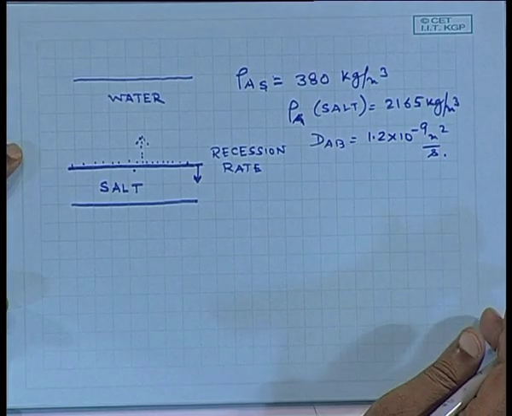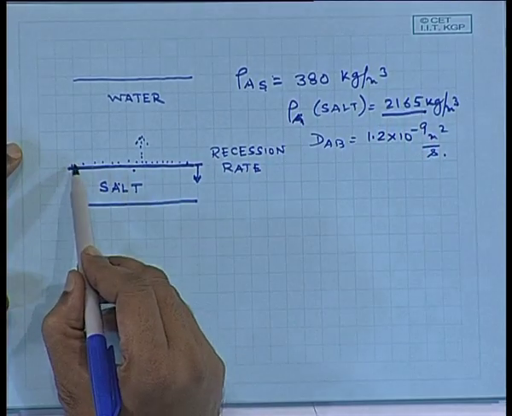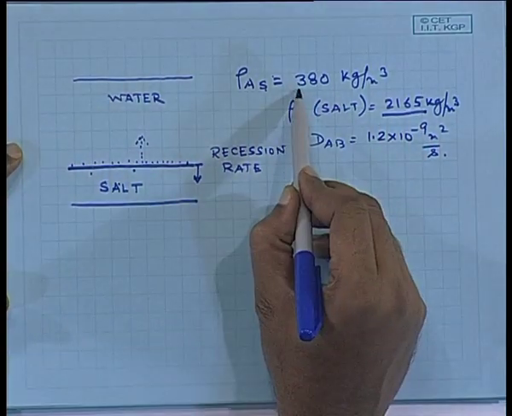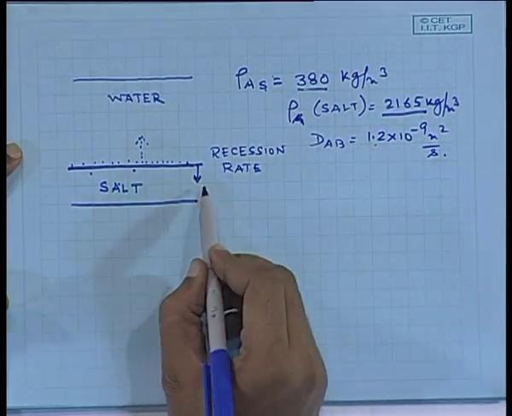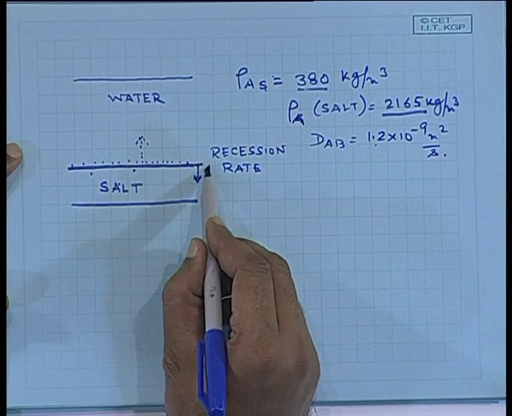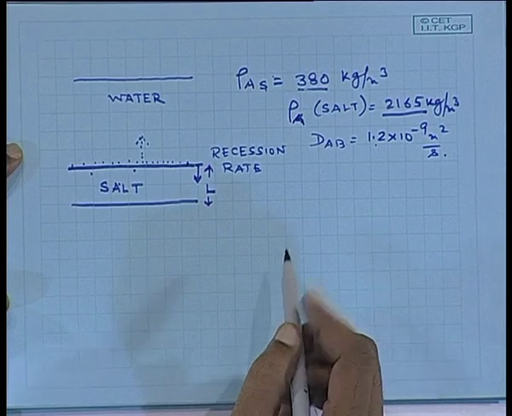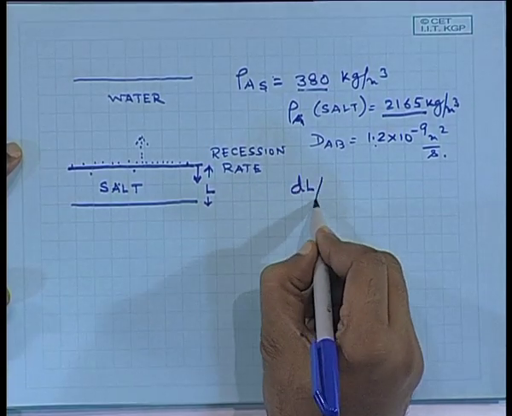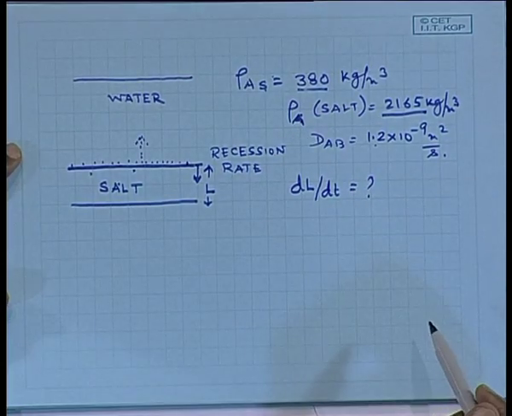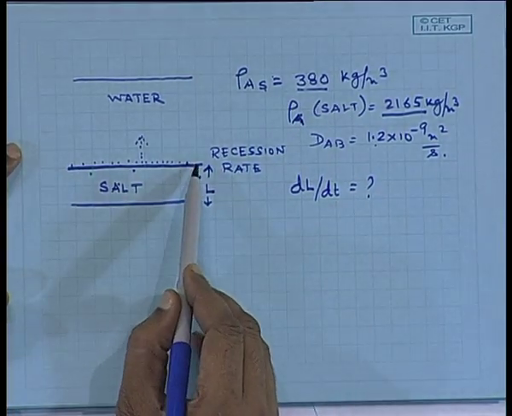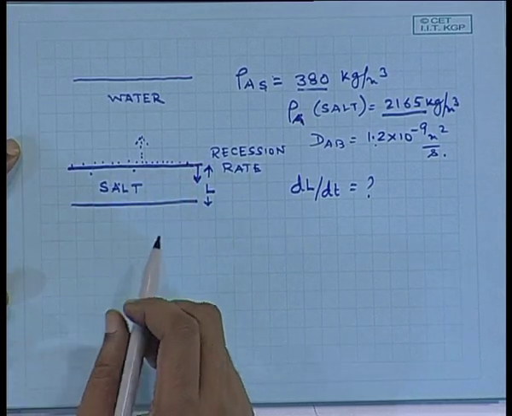So, the salt density is 2165, the solubility of salt in water is 380 kg per meter cube, and DAB is 1.2 into 10 to the power minus 9. The thickness of the salt layer is L. What you have to find out is dL/dt. What is the rate at which this L, the thickness of the salt, is going to change with time?